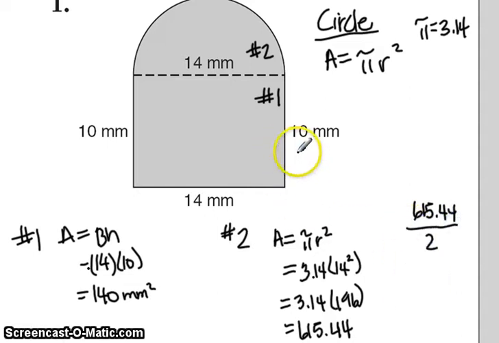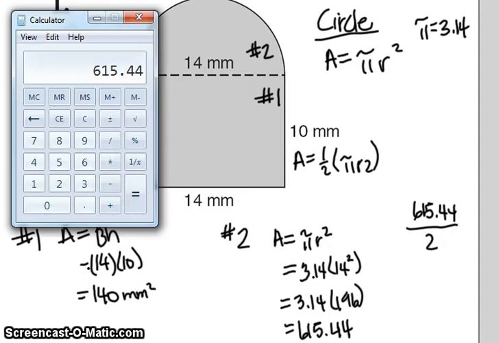So when you have a half a circle, you might just use 1/2 pi r squared as your formula. So let me go back to my calculator here, clear it out, and I'm going to take 615.44.